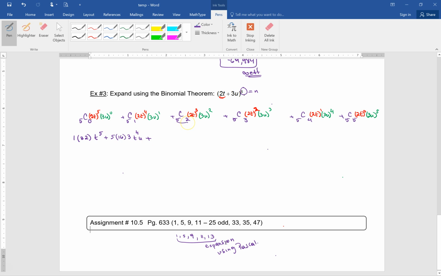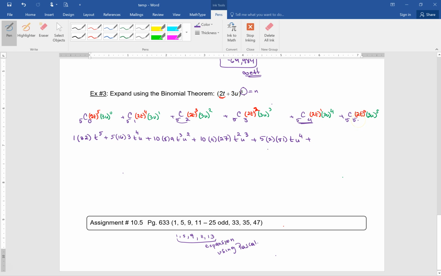Plus, what does the calculator tell us about this? C(5, 2), 10. 2 cubed is 8. 3 squared is 9. t cubed u squared plus, what does the calculator tell us about this one? 10 again, times 4, times 27, t squared, u cubed, and here we get a 5 with the calculator, times 2, and 3 to the 4 is how much? t u to the 4.